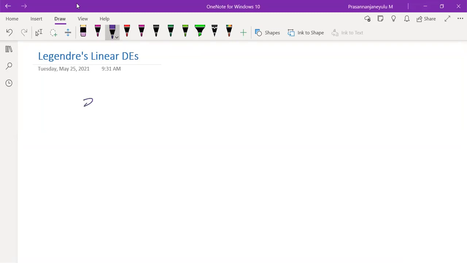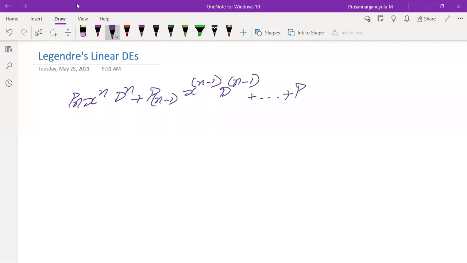x^n d^n, and the coefficient is some constant pn, plus pn-1 x^(n-1) d^(n-1), and so on, plus p2 x^2 d^2 plus p1 x d plus p0, of y equals q of x.